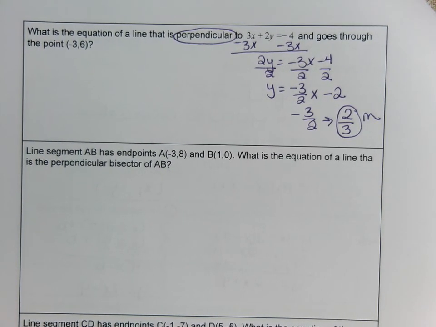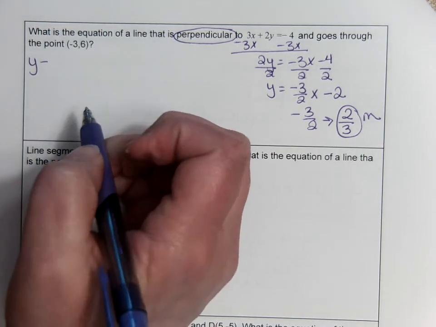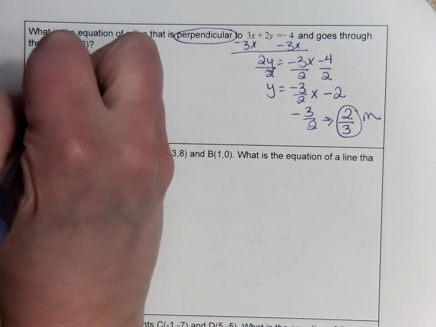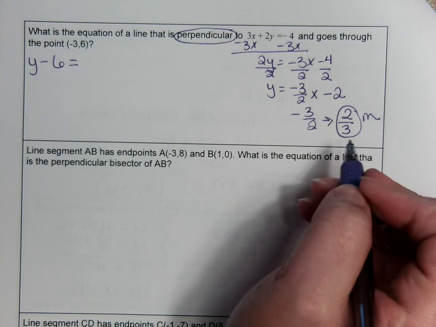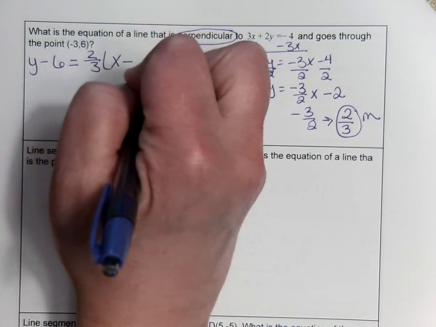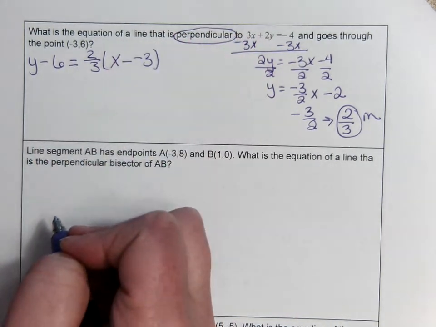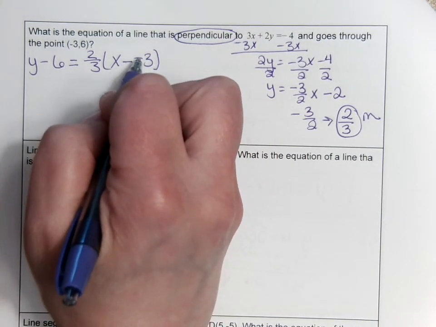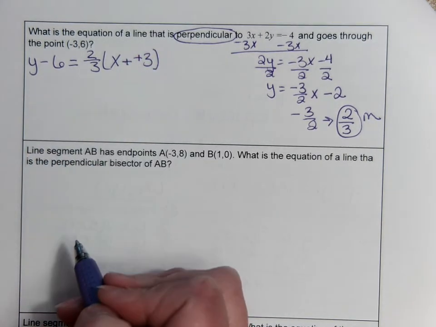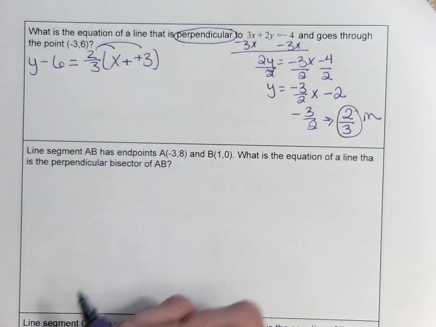Okay, so then we plug it into our formula. So y minus the y value of our point, 6, equals our slope m, 2/3, times x minus our x value in the point, -3. So again, we have that minus and negative, which turns to a plus. To solve for y, we're going to distribute.